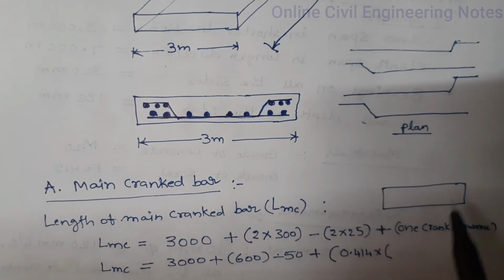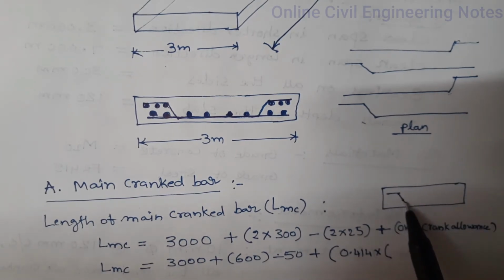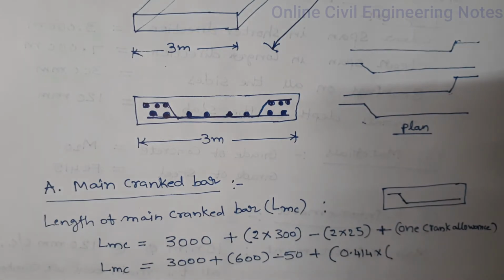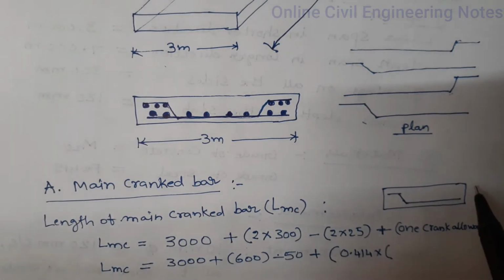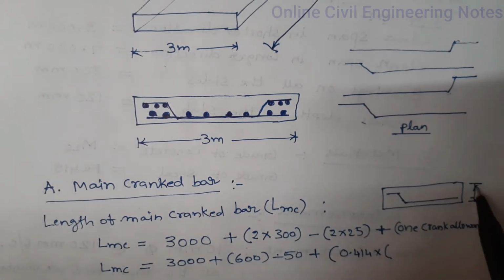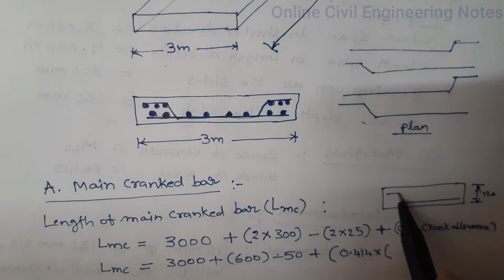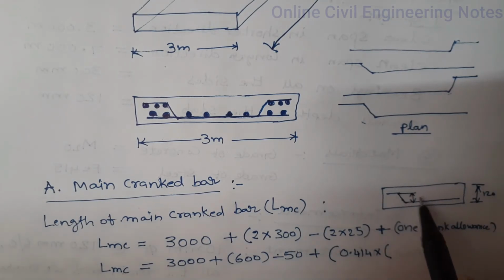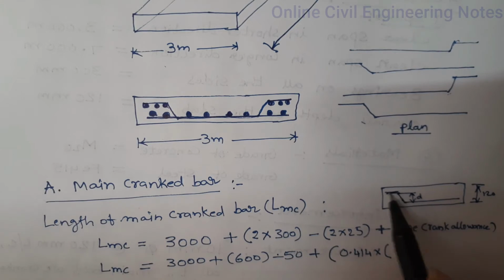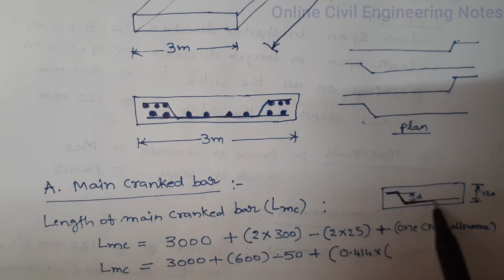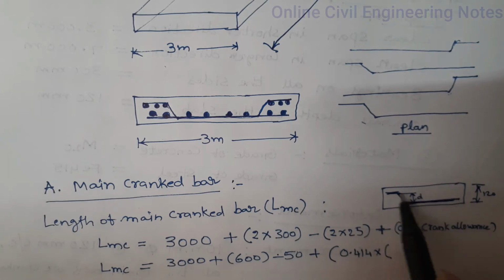This is the slab. Overall depth of slab is 120. This central portion vertical distance is D. Center of this reinforcement here to here.